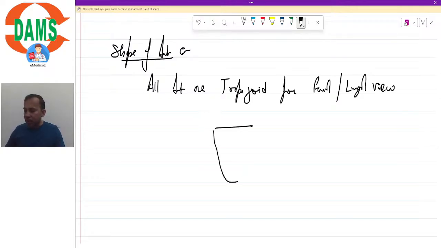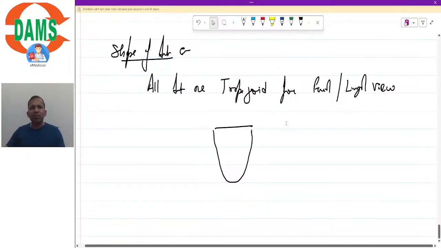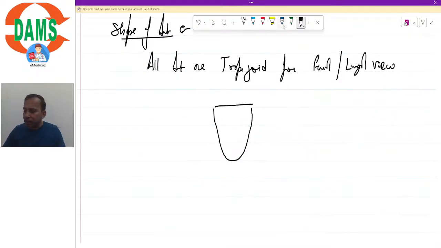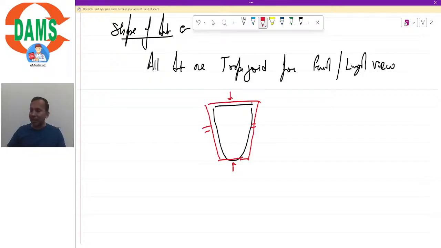So let's say this is a mandibular incisor, and don't you think it appears trapezoidal? It has 4 sides, 2 equal and 2 unequal sides. The larger side is towards the incisal edge and the smaller side is towards the gingival margin, isn't it? So it appears like a trapezoid.